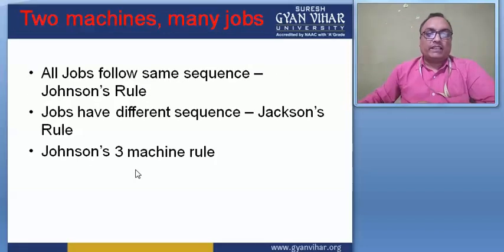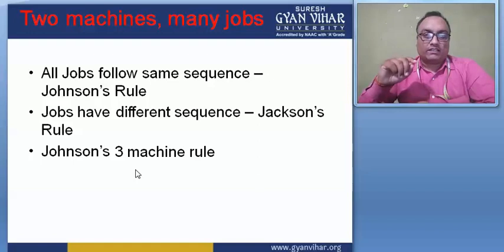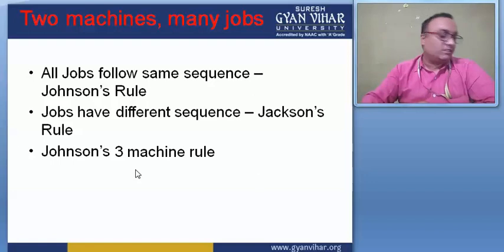Two machines and many jobs means all the jobs follow Johnson's rule, and jobs have different sequences. Johnson's three machine rule is used here for this purpose.